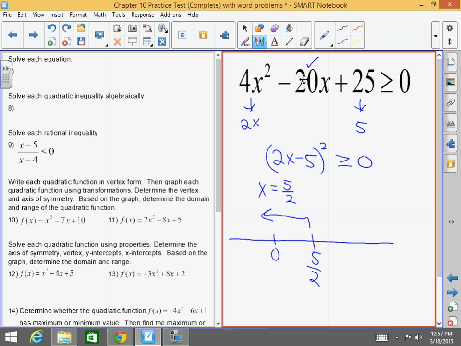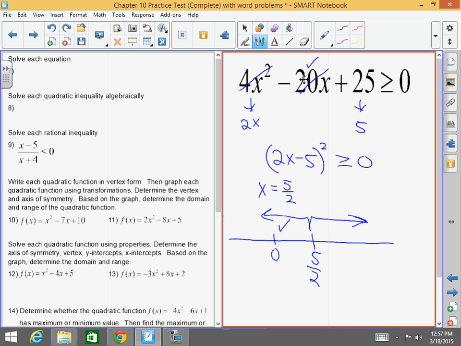Let's plug in if x is 0. If x is 0 here, 25 is greater than or equal to 0. So that works. Let's do it to the right. Let's do, I don't know, 3. Okay, 3. 3 squared is 9. That's 36. 36 minus 60.